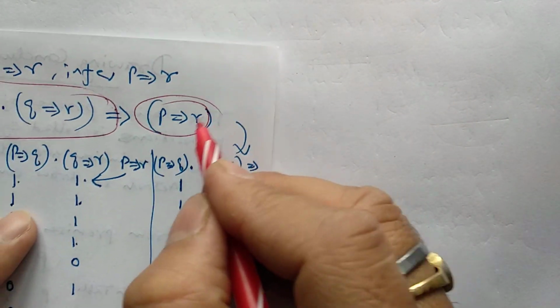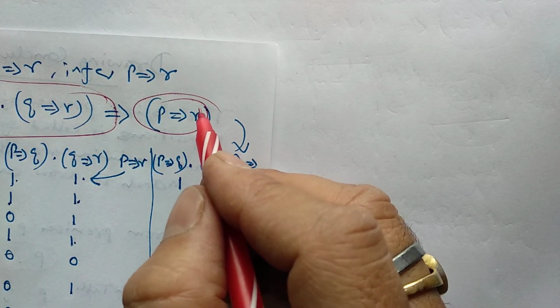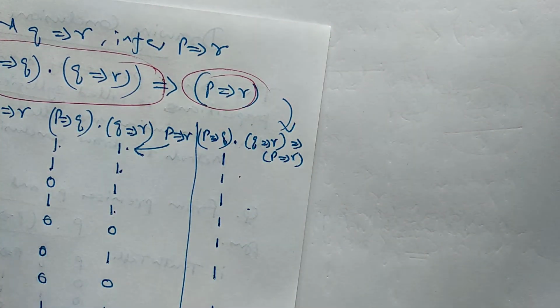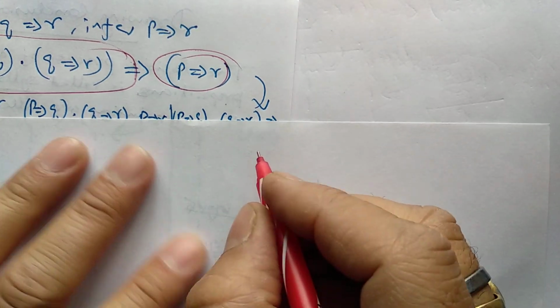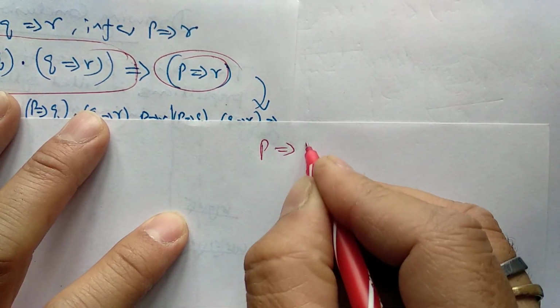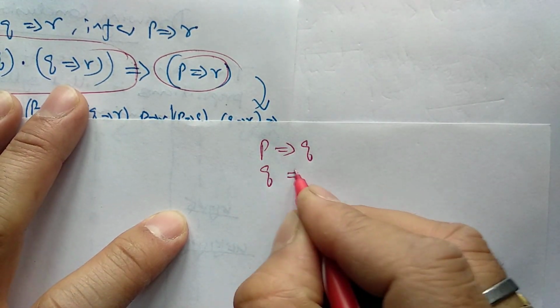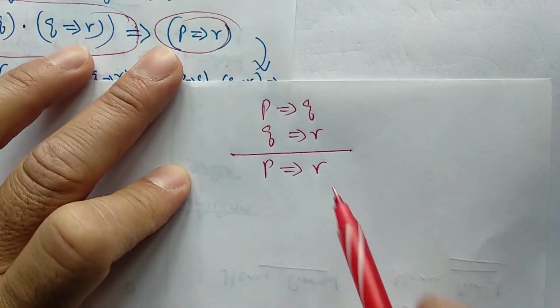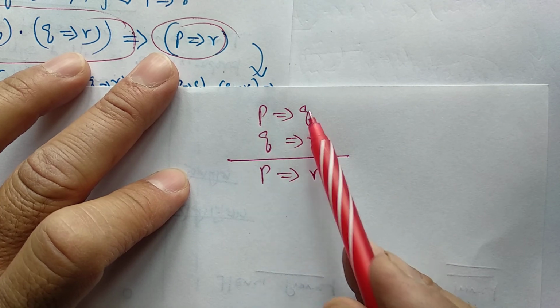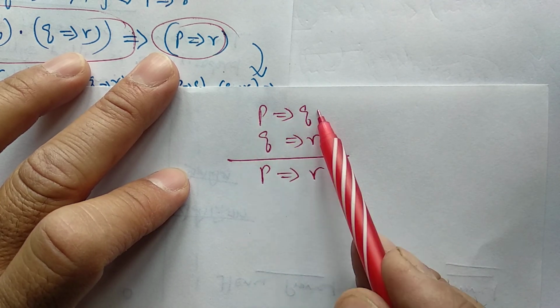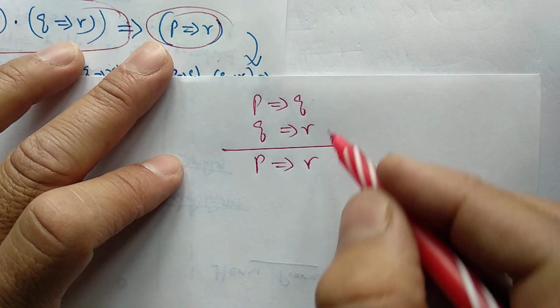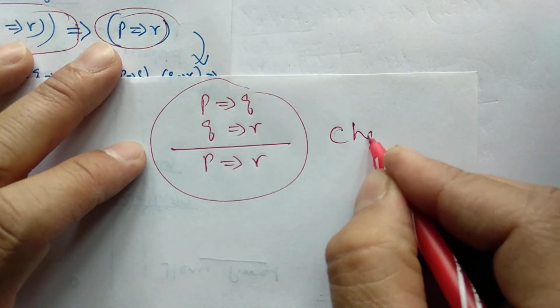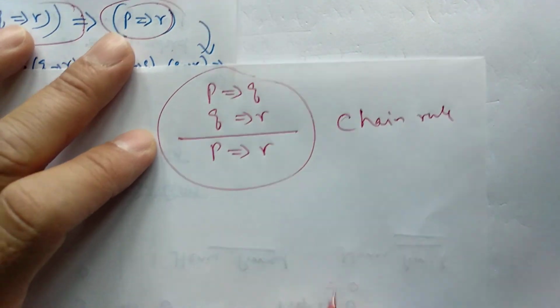And how can we write this particular rule? This rule is P implies Q, Q implies R, and infer P implies R. So it's a P to Q and Q to R, kind of linked. This is called the chain rule.